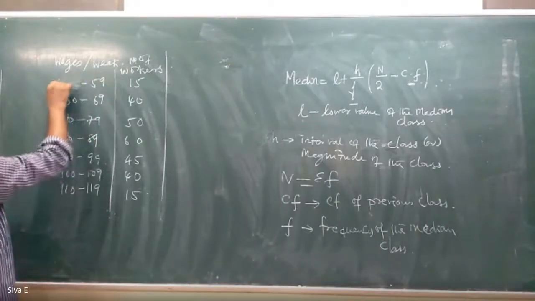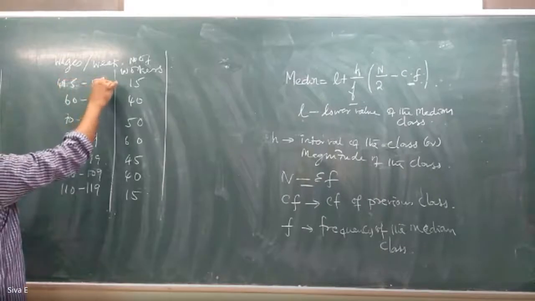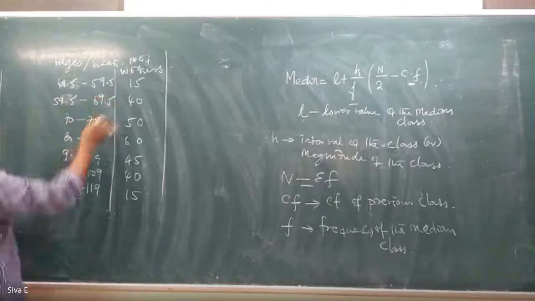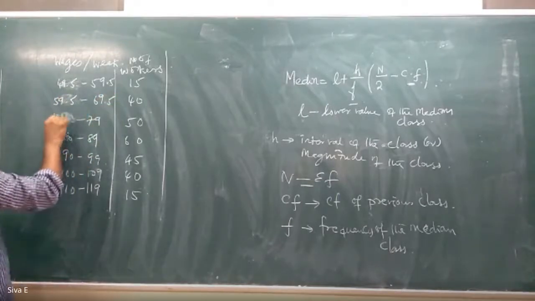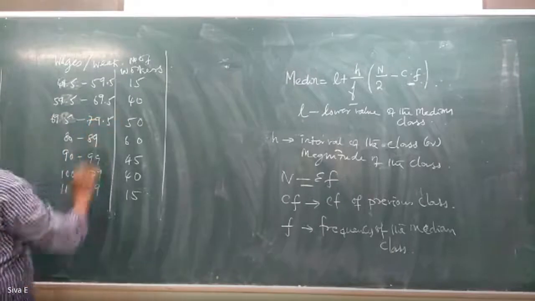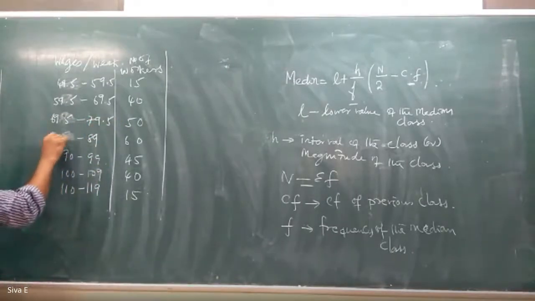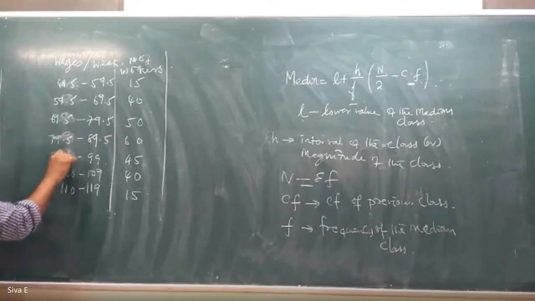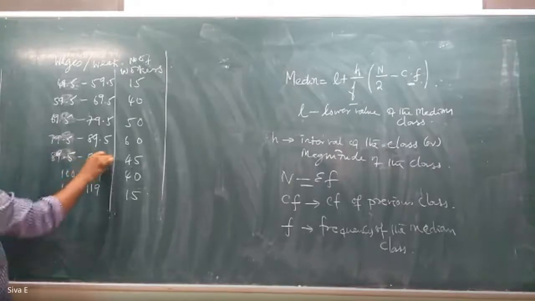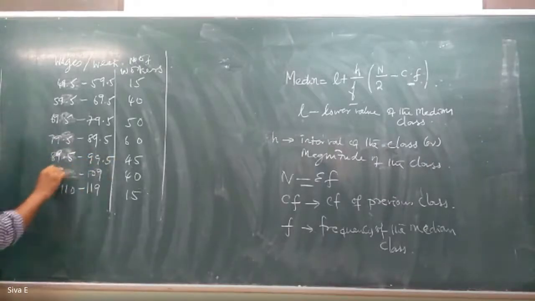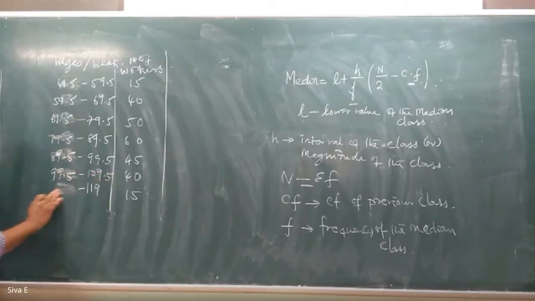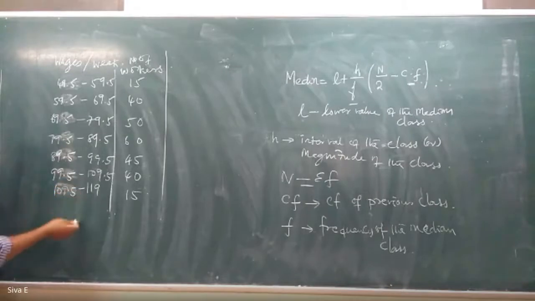So you will get 49.5, 59.5. Similarly here 59.5, 69.5, 69.5, 79.5, 79.5, 89.5, 89.5, 99.5, 99.5, 109.5, 109.5 to 119.5.